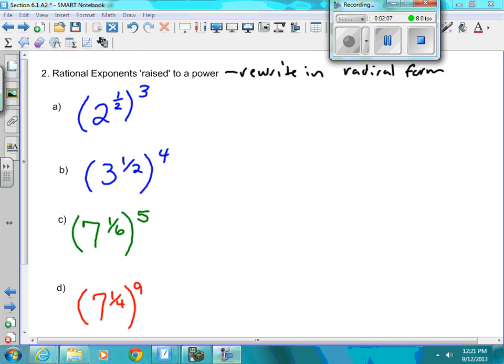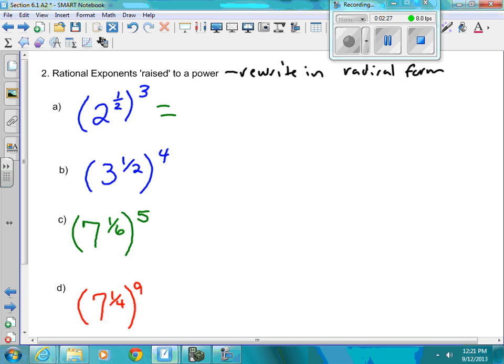So here are some rational exponent expressions, or something raised to a power. We're going to rewrite these in radical form, so with a root sign. So 2 to the 1/2, cubed. We're going to apply our power rules that we learned already in previous units.